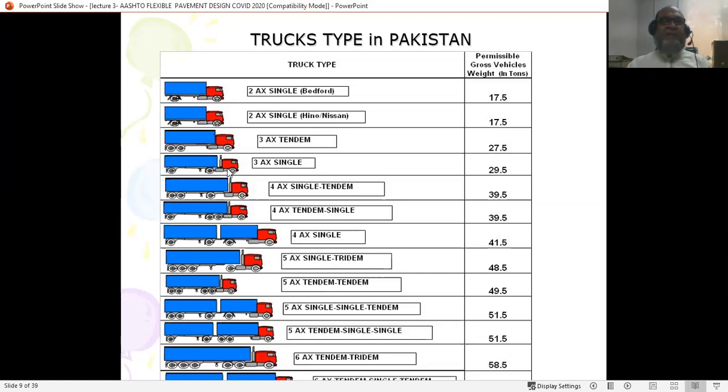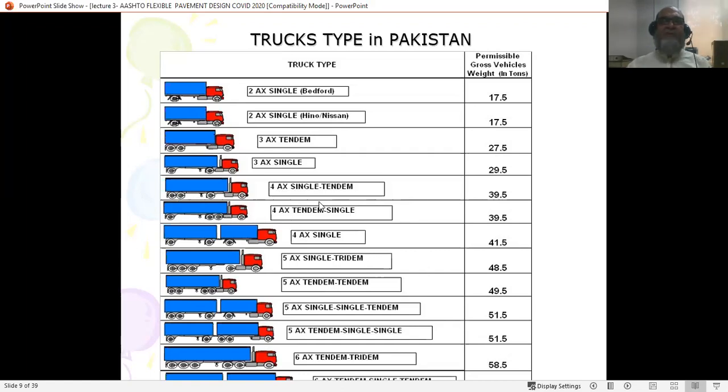But in this vehicle, there is a single axle at the steering side, then a drive axle, and then a tandem axle. Then there is the four-axle: the steering axle is a single axle, the drive axle is a single axle, and the trailer axle is a tandem axle.